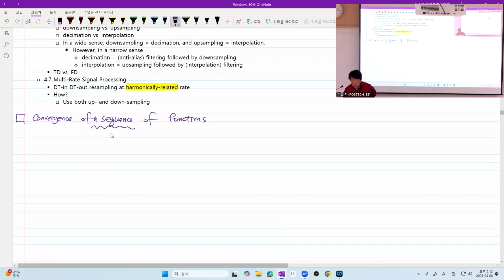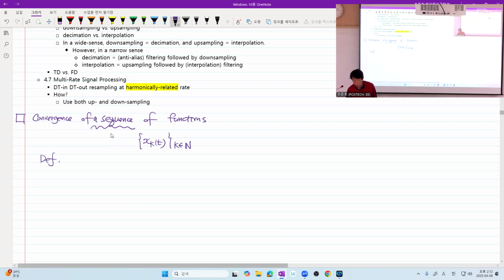So just consider some x sub k of t. Here, k is the index of the sequence. For simplicity, let me use just natural numbers for the index. And here, the convergence of a sequence of functions will handle something like that.